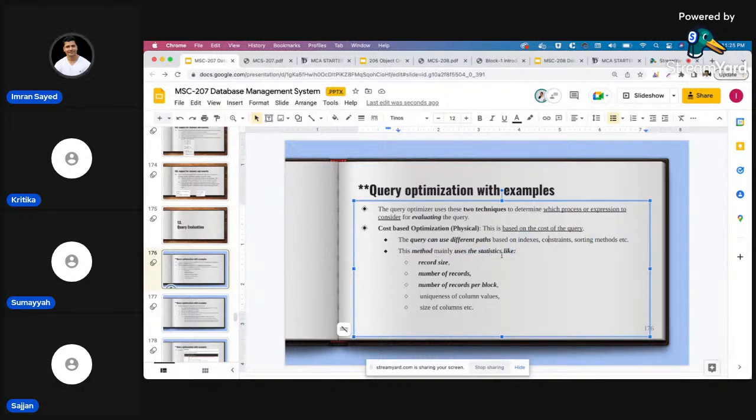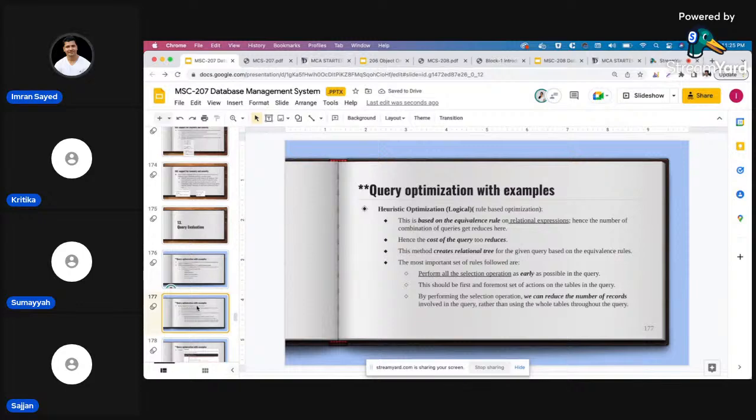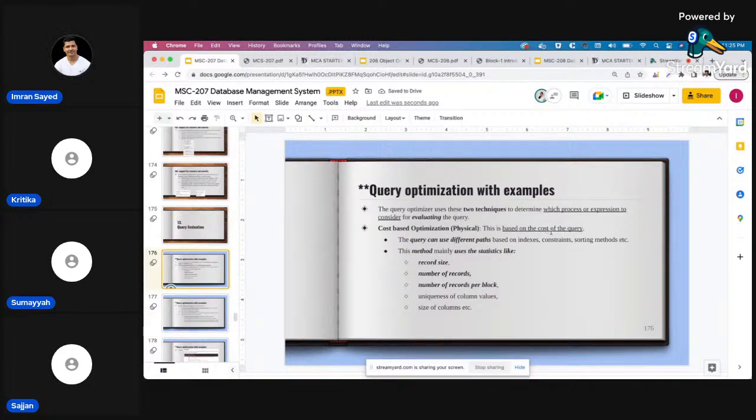This method mainly uses statistics like record size, number of records per block, uniqueness of the column values, size of the column, etc. So that's your cost. So cost is mainly to do with the cost of the query. For optimization it is going to use different indexes, constraints, sorting methods. Now this method is going to use some stats.